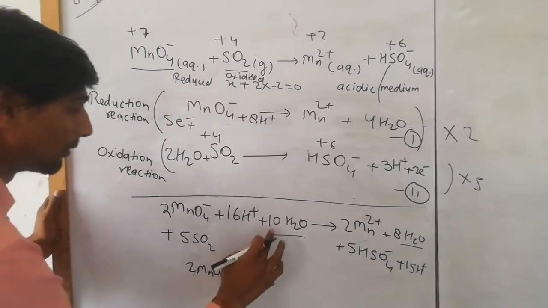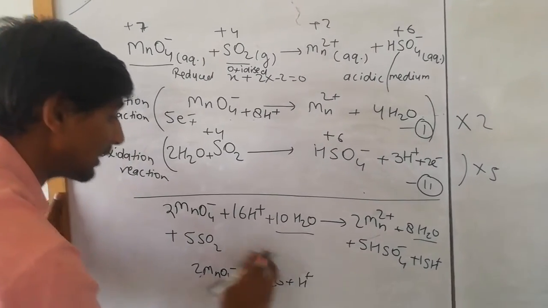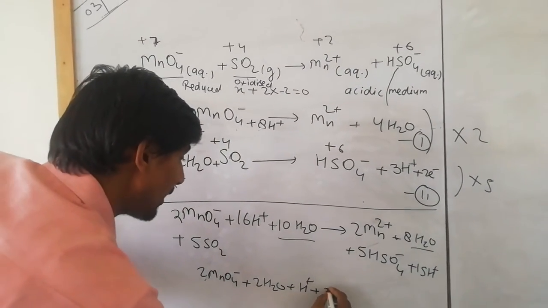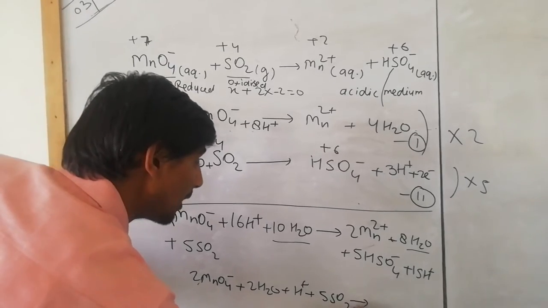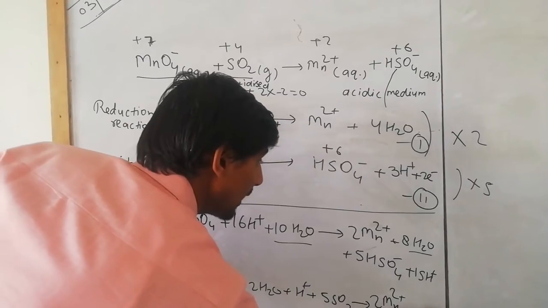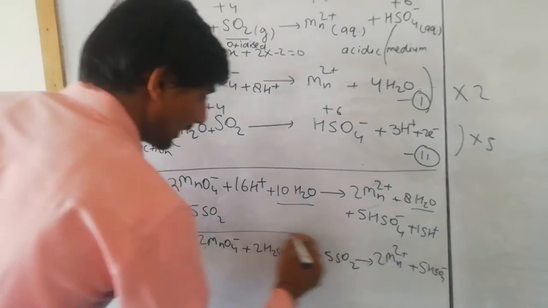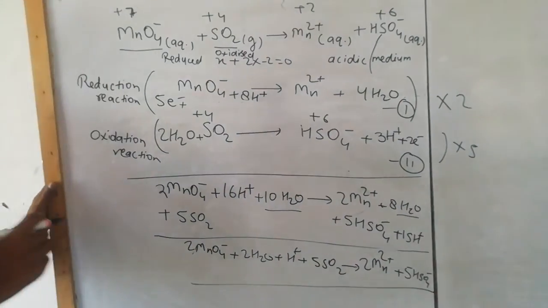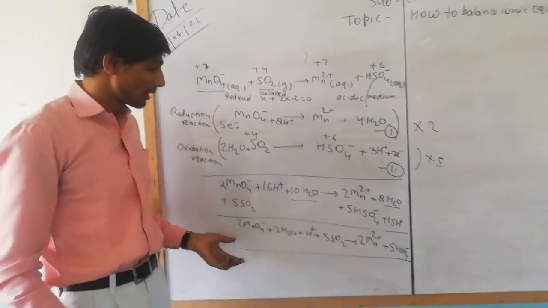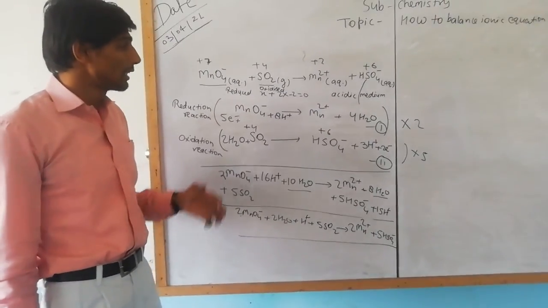Then H plus: here 16H plus and here 15H plus, so 1 H plus remains, plus 5SO2 gives out 2Mn2 plus plus 5HSO4 minus. The reaction is balanced as an ionic equation. So we have learned today how to balance an ionic equation in acidic medium.